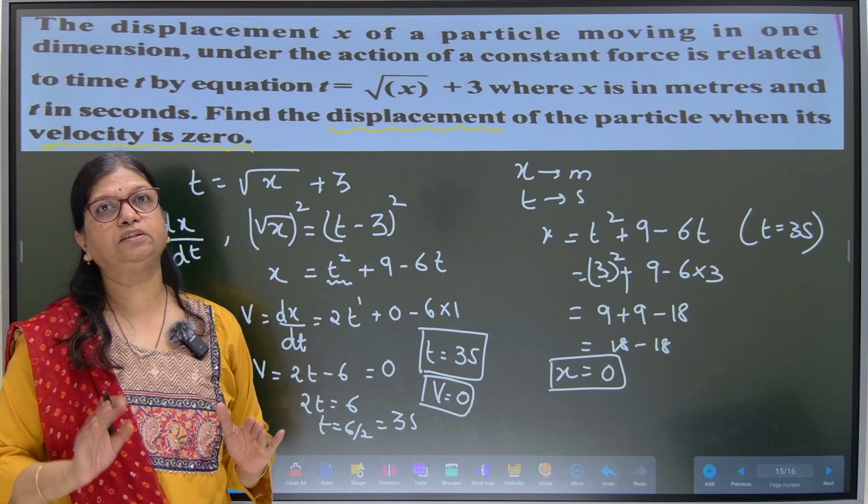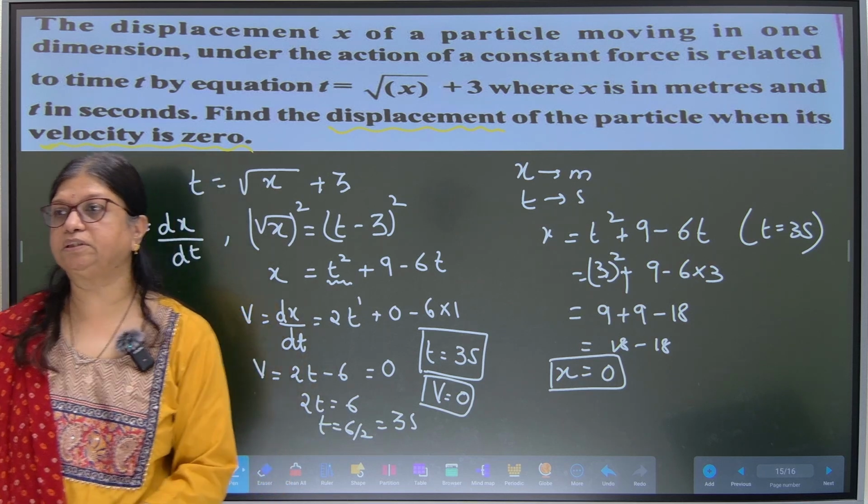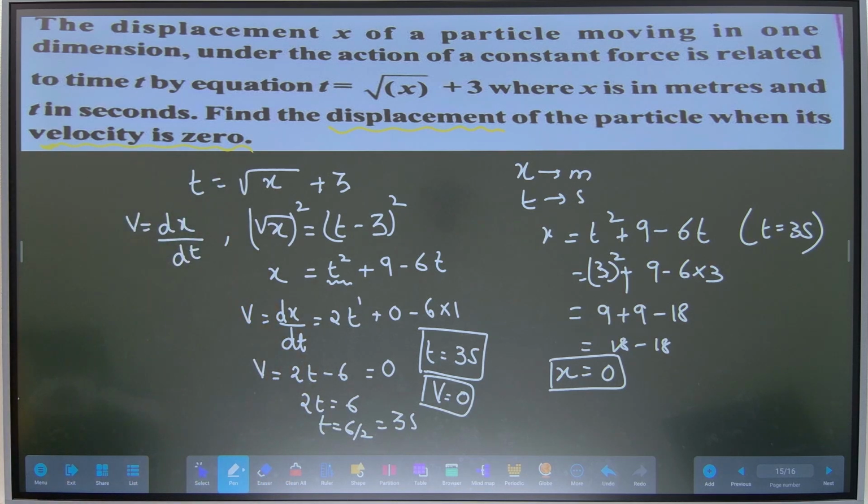I hope you have understood what I have tried to do. Fine. As I said, numericals will be of different types. All won't be the same, but the base formula will remain the same.